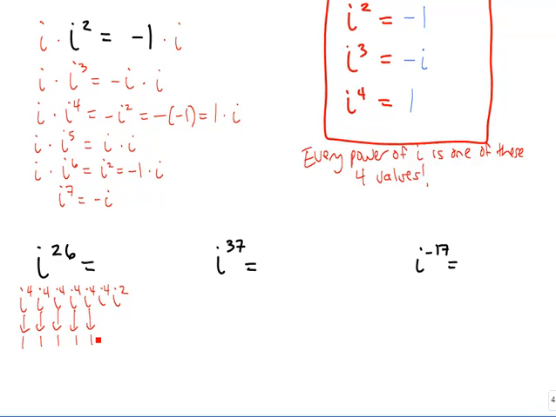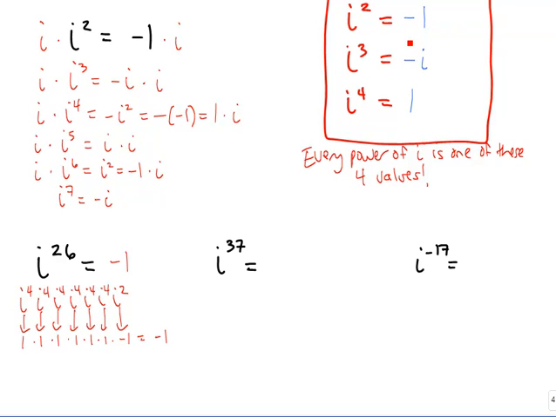So the only one that's left is the i squared. And what was i squared in my chart over here? i squared was negative 1. So this last i squared becomes negative 1. So when I multiply all of these together, what's my final answer? Negative 1. So i to the 26th is the same as i squared, which was negative 1.